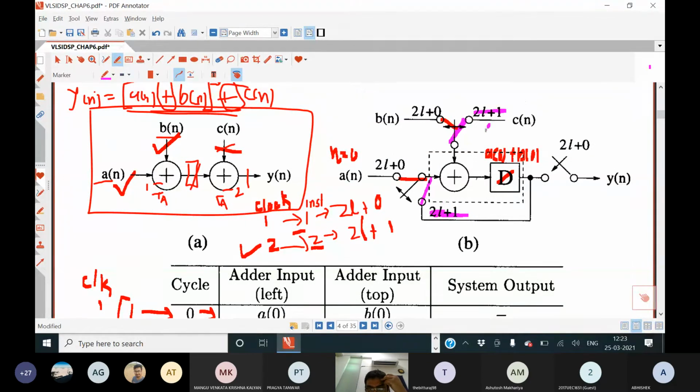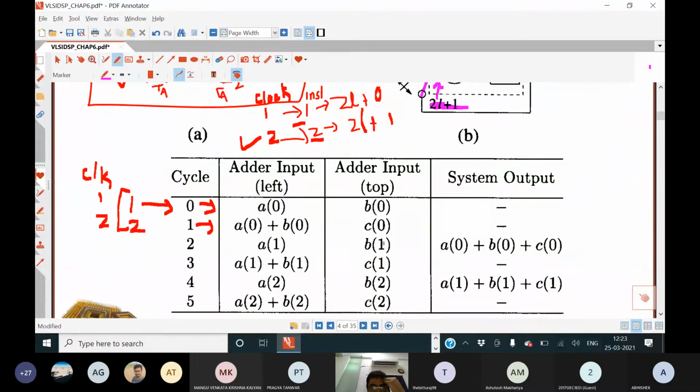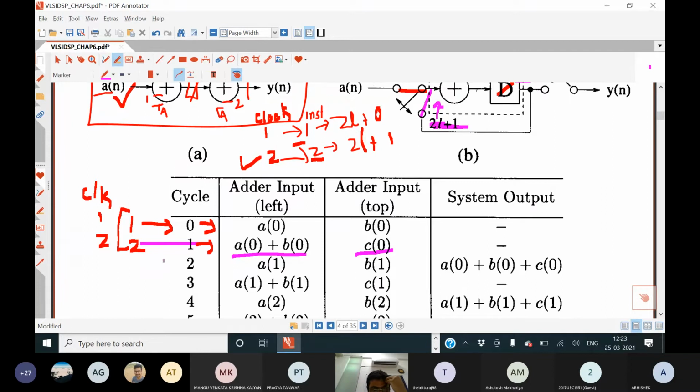So here A0 plus B0, which is being stored over here, is applied as the first input of the adder, and for the second instance, when I consider n is equal to 0, that C0 will be applied. So in clock cycle 1, where the second instance is being executed, A0 plus B0 will be added with C0.